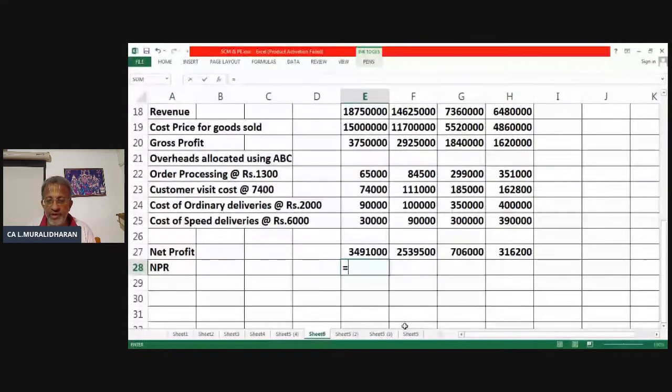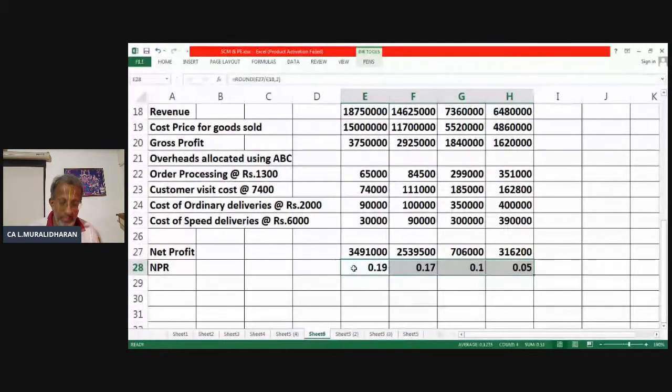This net profit shall be divided by sale value. 19%, 17%, 10%, and 5%.